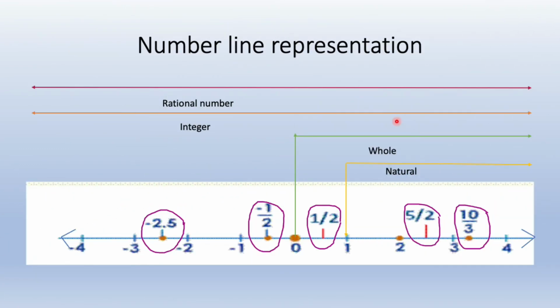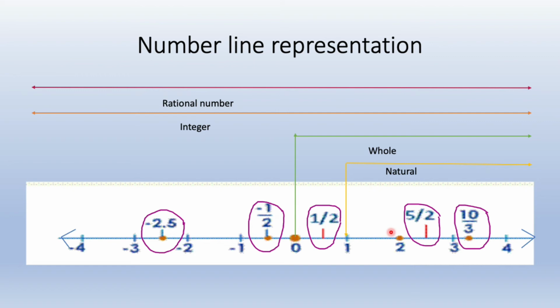Number line representations. What is a number line? A number line is a line which can extend on both sides indefinitely. First we will see the natural number representation. For natural numbers, the number line can extend to the right hand side indefinitely from the number 1.